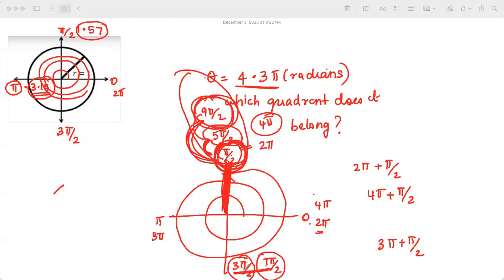So 7 pi by 2 minus 3 pi by 2 is 4 pi by 2, which is 2 revolutions. So when several angles share the same terminal ray, their values will differ by an integer value. That is the number of revolutions.